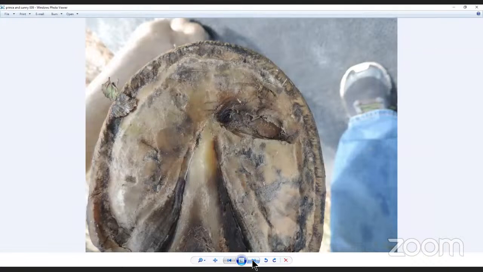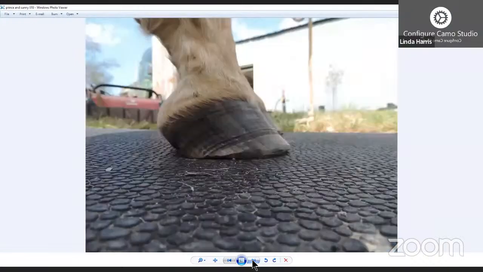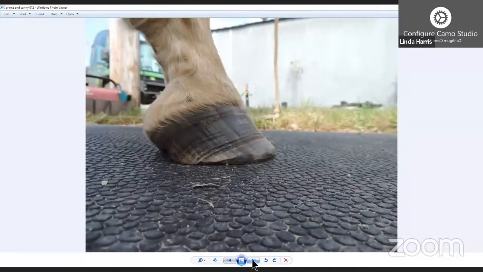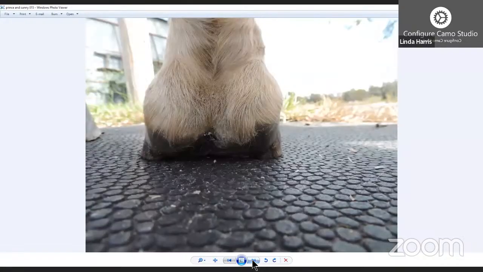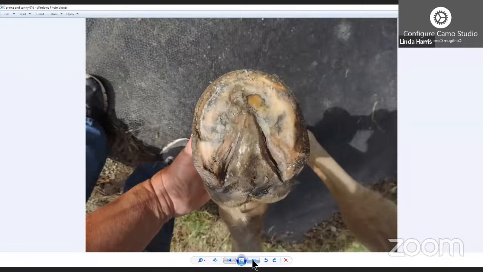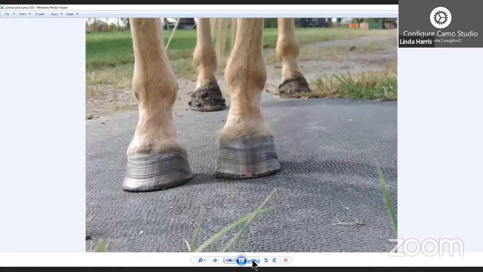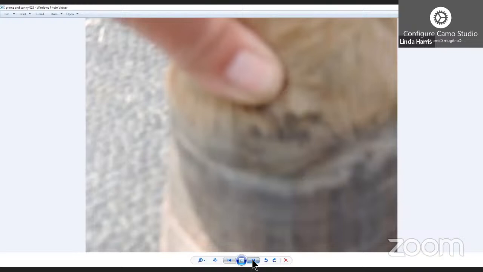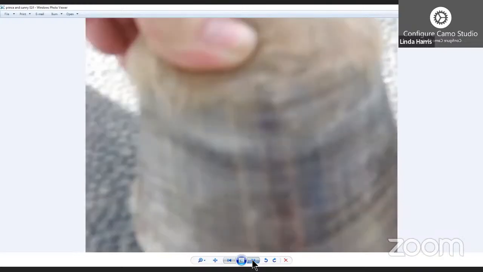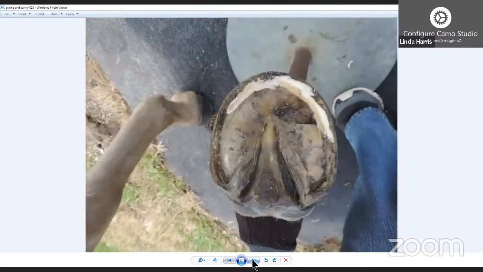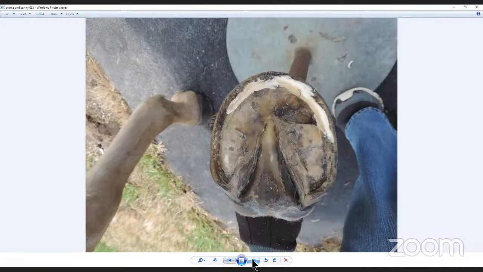Yes, he was. Yeah, because I couldn't see. This is just when I'm kind of finding it here. So you can tell he'd had an abscess there. And you could see it at the top too. So that one blew out at the top? Yeah.